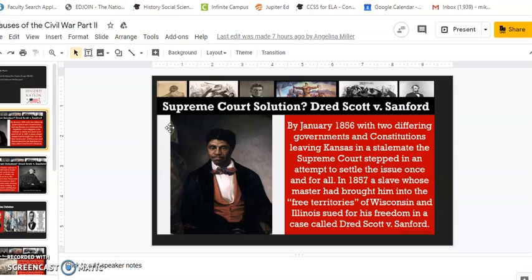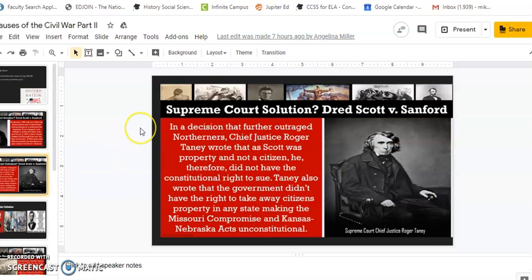However, the court ruled, citing the Fifth Amendment, which guarantees Americans the right to own property, that one, Dred Scott was not a citizen, so he could not even sue to gain his freedom, and two, he was still property. His ability to sue the state was ruled unconstitutional, and he was not granted his freedom. So let's move on to the next.